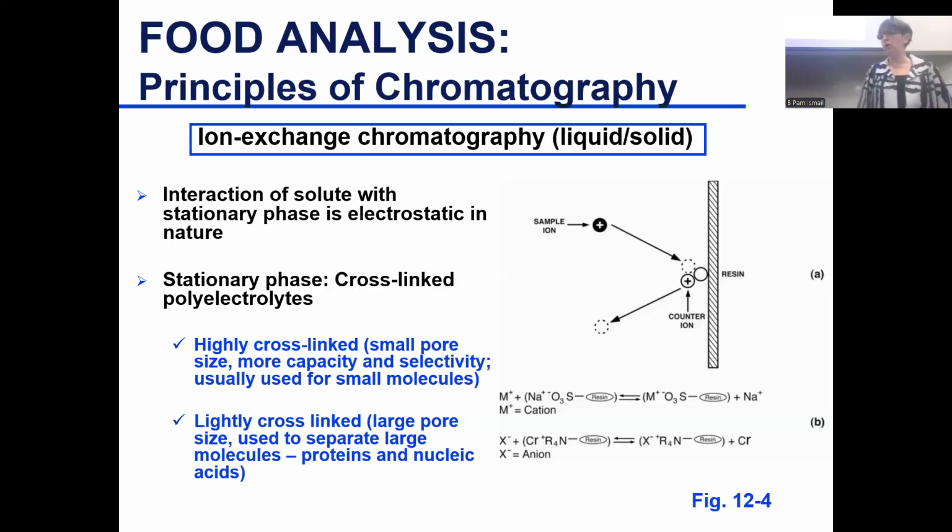Right? Let me draw it again. I mentioned it before, but I want to make sure, because I know this is the most confusing bit, when you hear the words anion exchange and cation exchange.